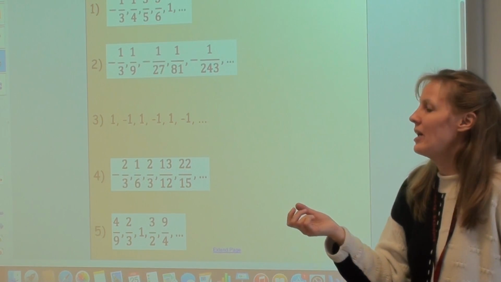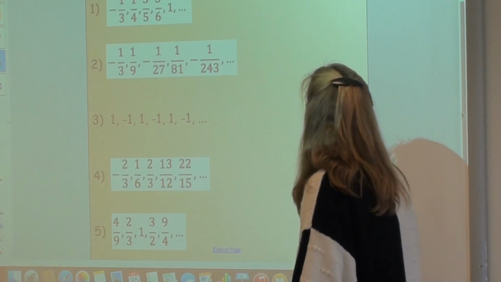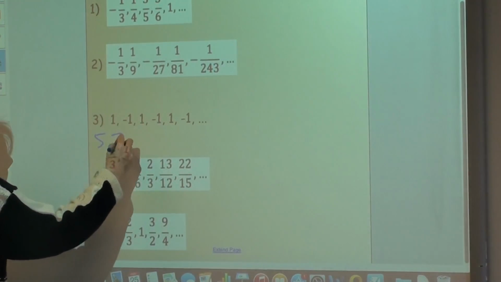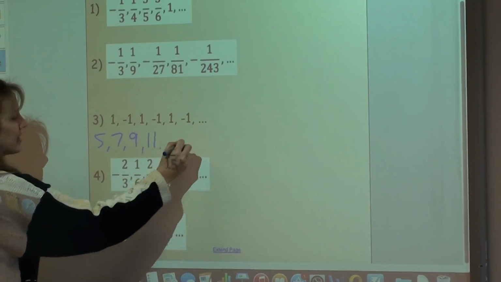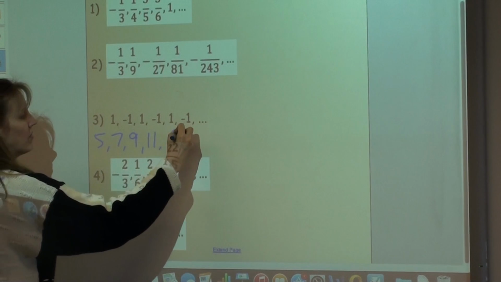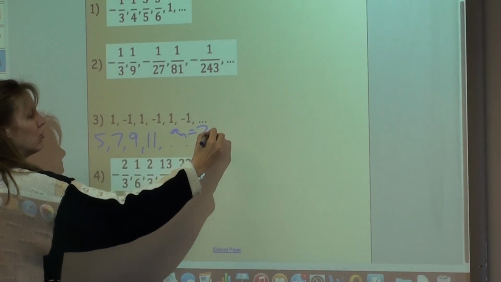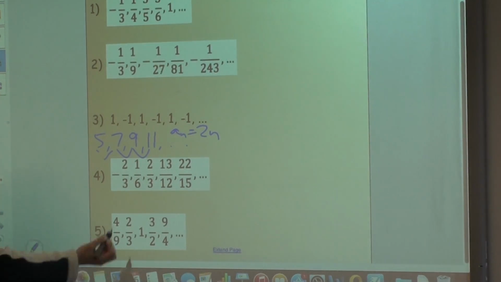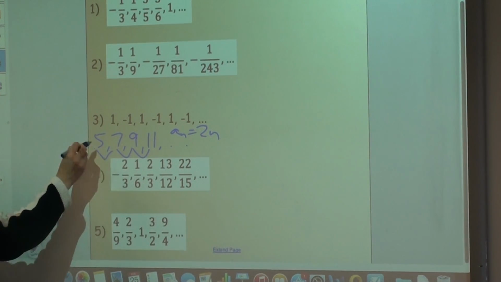So say I have the sequence 5, 7, 9, 11, dot, dot, dot. Then I know that my rule is going to be 2n, because I'm going up by 2 every time, right? Now, how do I get to start with 5?